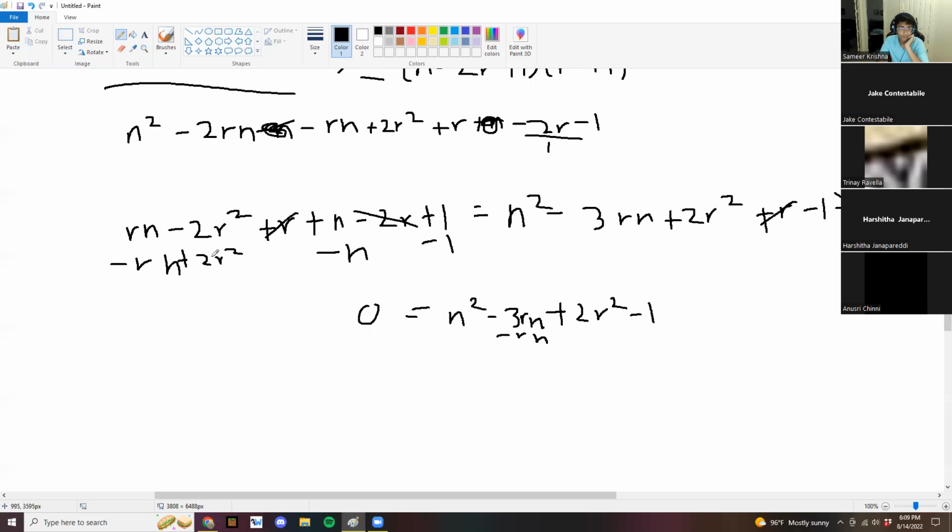Then we have plus 2r squared, minus 1, and minus n just on the side. So it'd be n squared minus 4r and plus 4r squared.